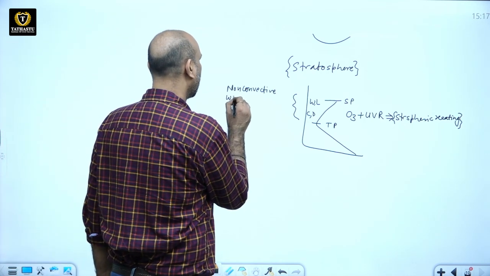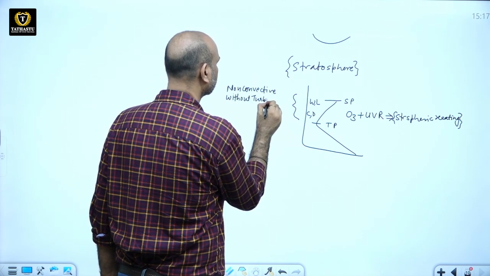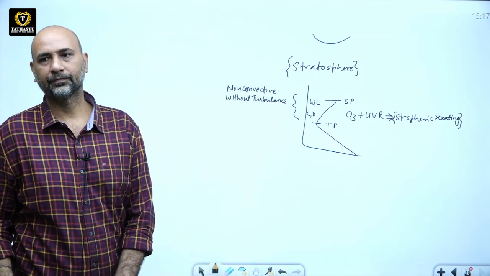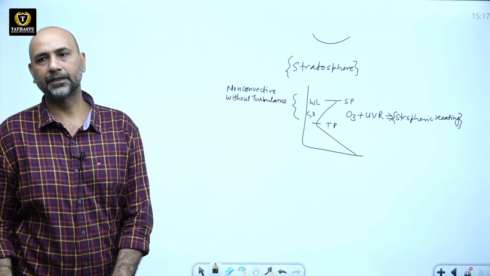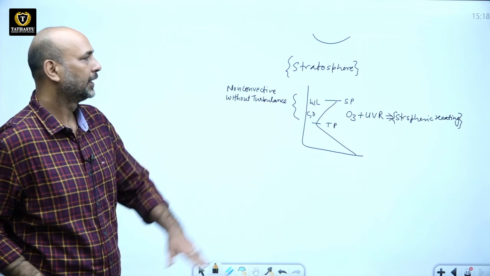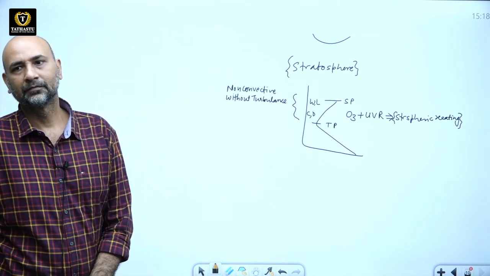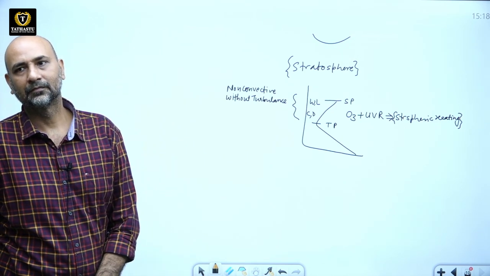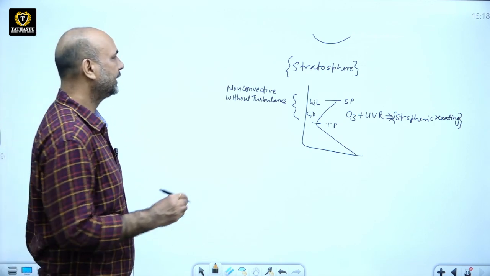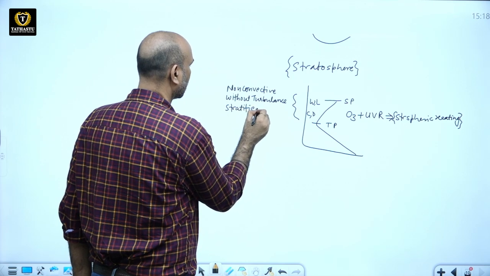Means it is without turbulence, because there is absence of vertical movement, rise of hot and lighter air and sinking of cold and denser, because warm and lighter is above cold and denser. In the gravity environment of Earth, this cannot rise, this cannot sink. And that is why it is stratified.